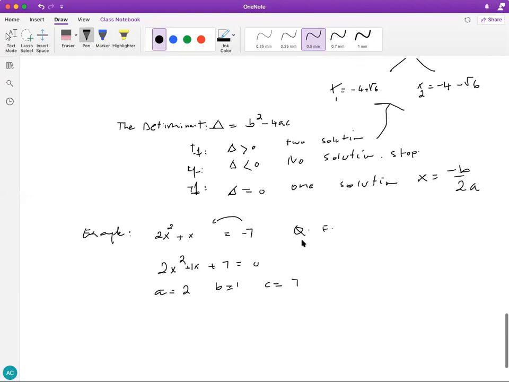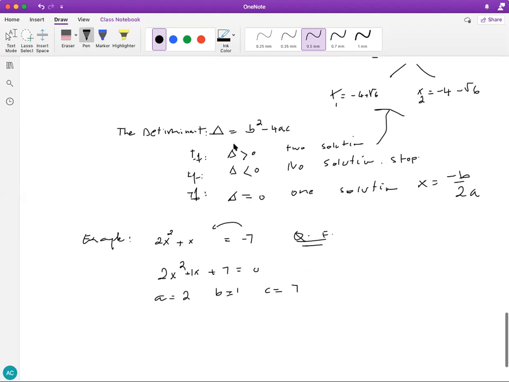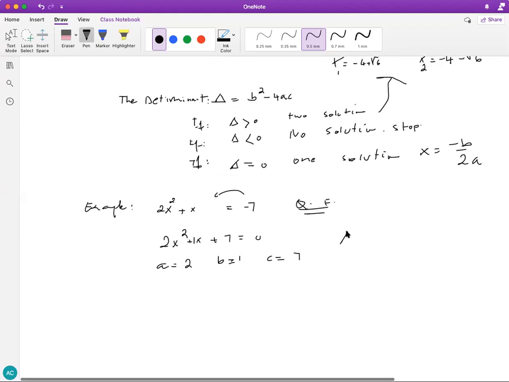Since it's about the quadratic formula, it's better to try this first. Always try the value of this determinant, which determines whether or how many solutions we'll have. So try delta here. So delta is b squared minus 4 times a times c.